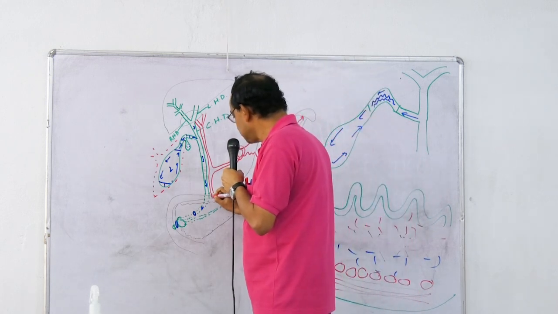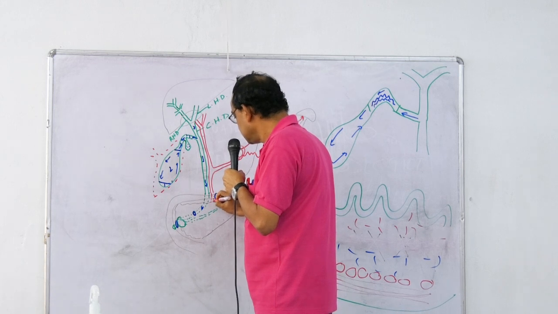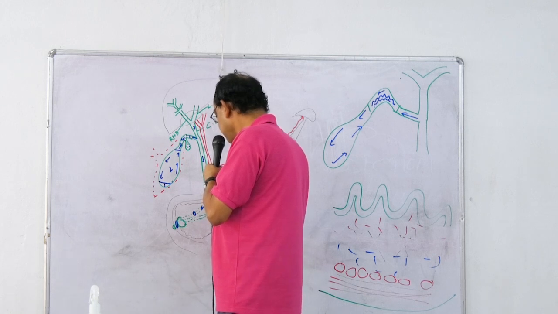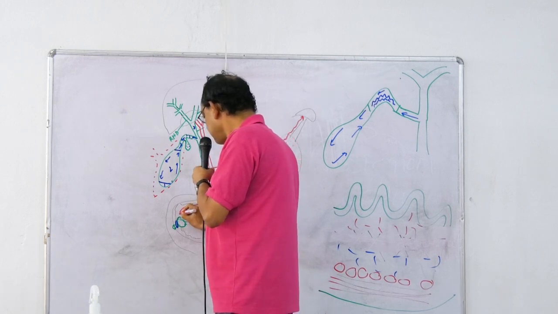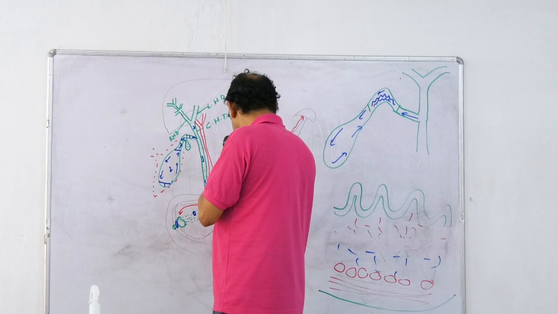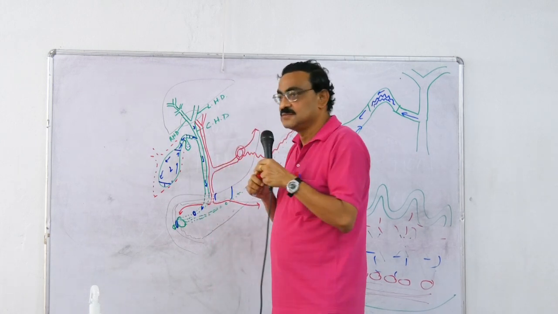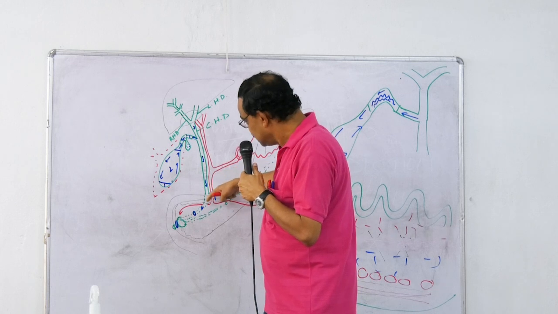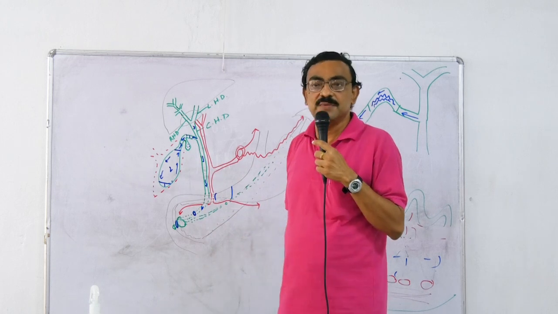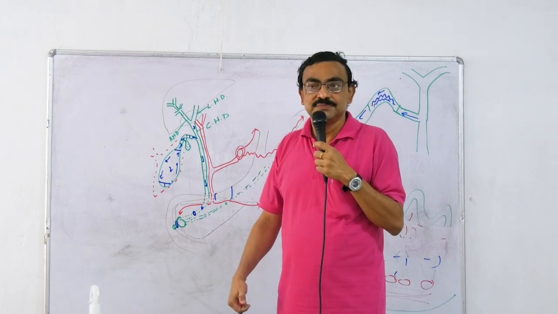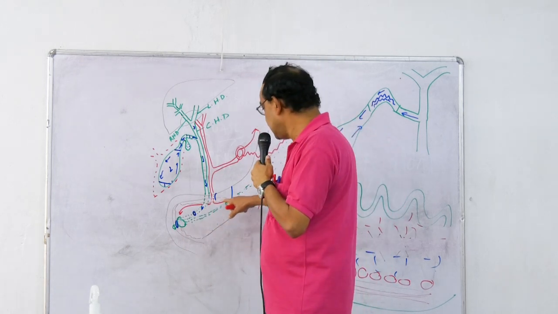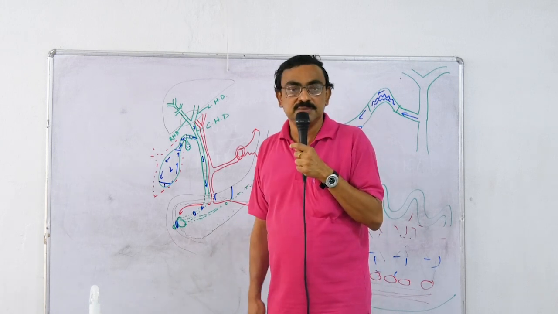So it will also pass behind the first part of the duodenum, as we have seen in the cadaver, and it will divide into superior pancreaticoduodenal and the right gastroepiploic artery.